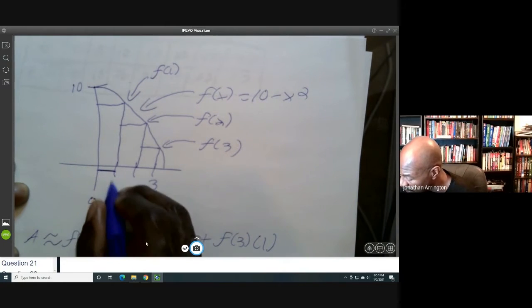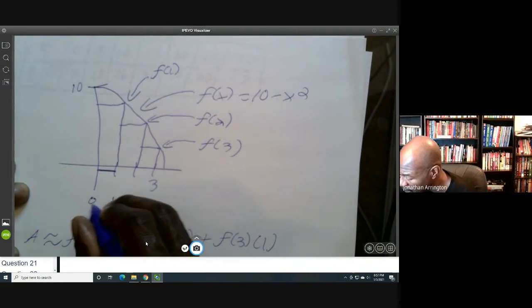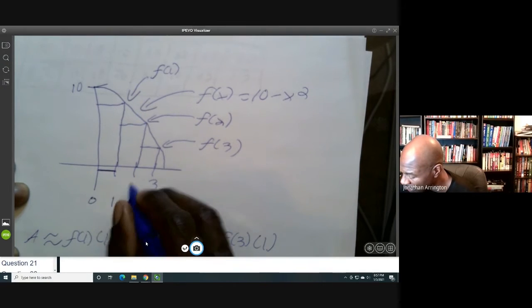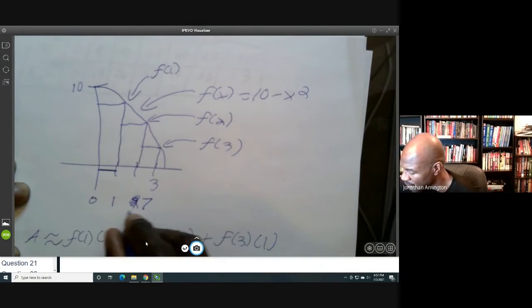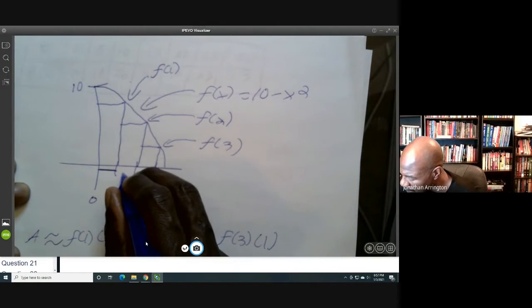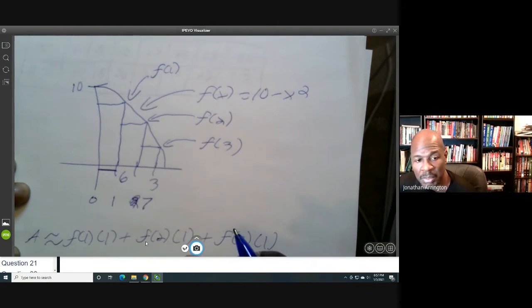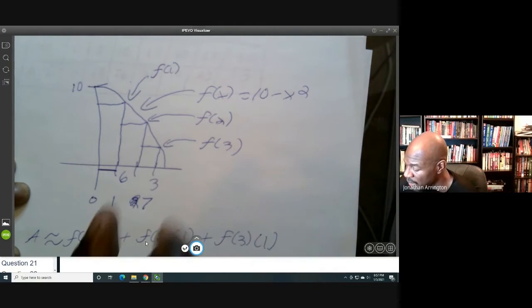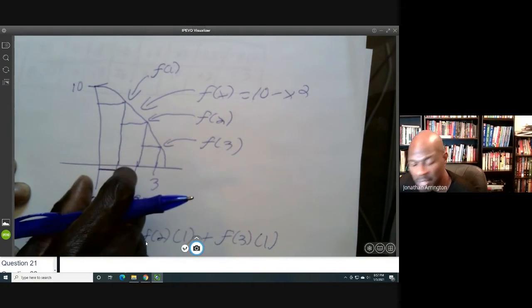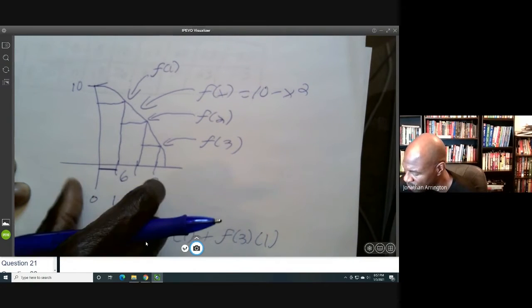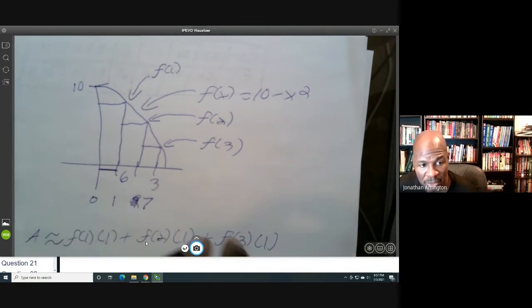So for instance, 0 to 1, 1 minus 0 will give me this length. Let's say this wasn't 1 to 2 and this went from 1 to 7. Then the width of this subinterval would be 6. To get our widths, we're just going to subtract our independent variables, which on this graph was x. In the table I believe it's t, but it could be whatever the independent variable is.